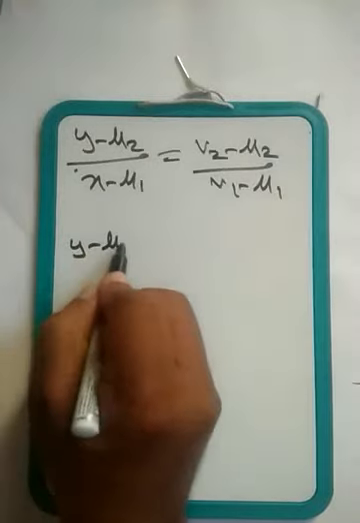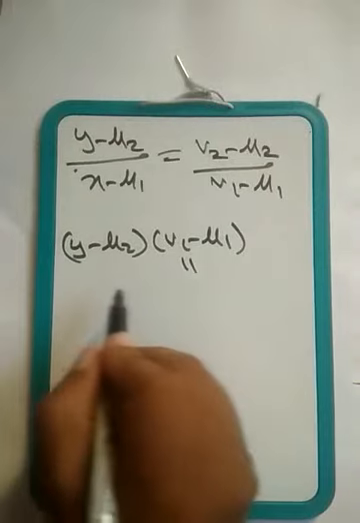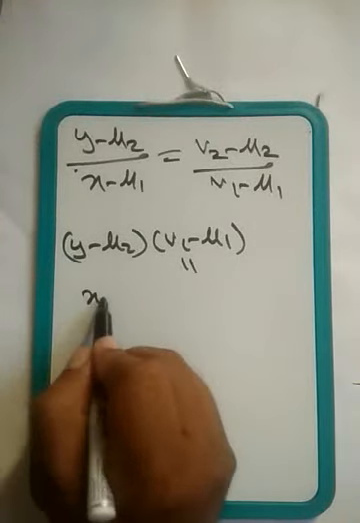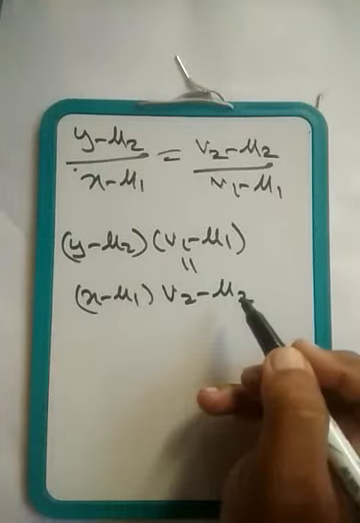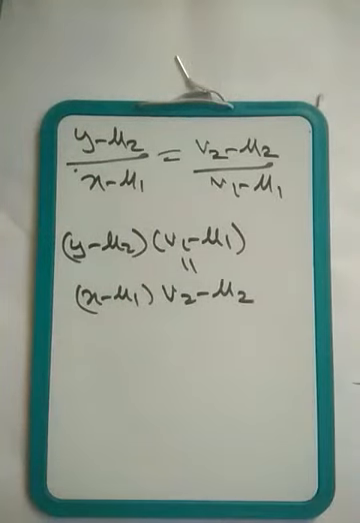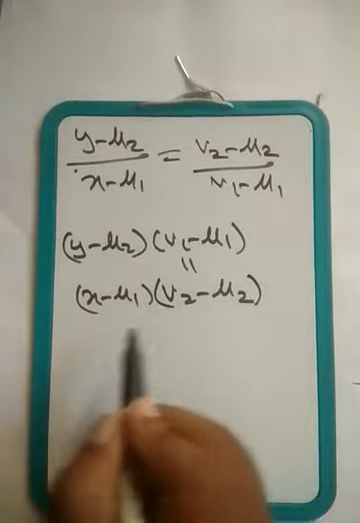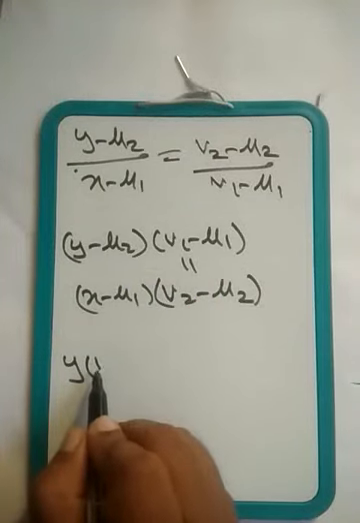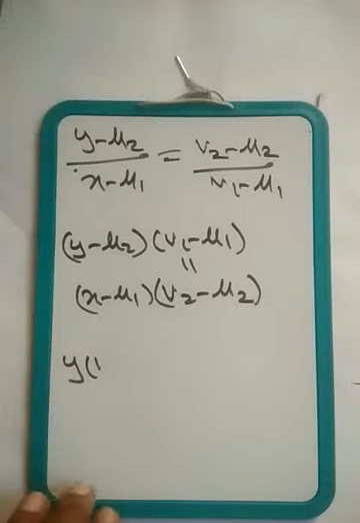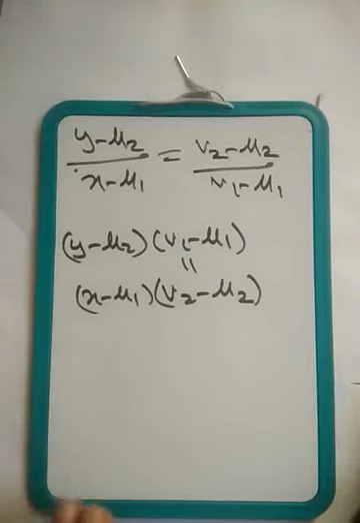So y minus u2 multiplied by v1 minus u1 is the same thing as x minus u1 multiplied by v2 minus u2. Opening this, I want just y.